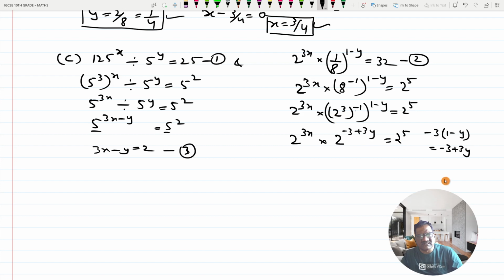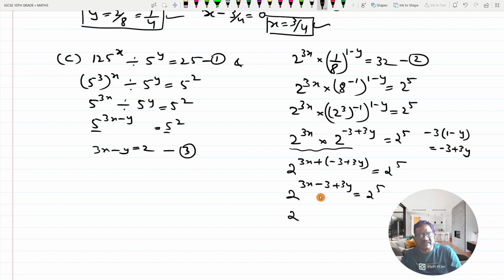Got it? Now, here I am going to use the first rule of indices. So 3x plus minus 3 plus 3y equal to 2 raised to 5. This will work out to 3x minus 3 plus 3y equal to 2 raised to 5.